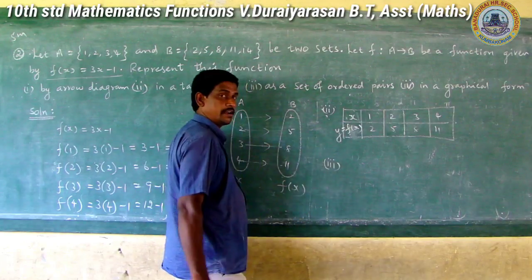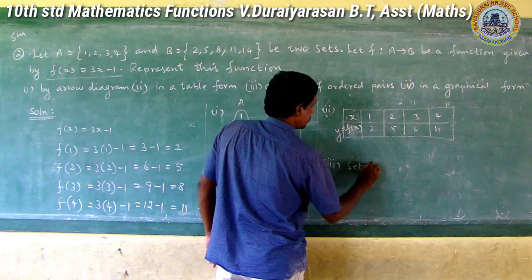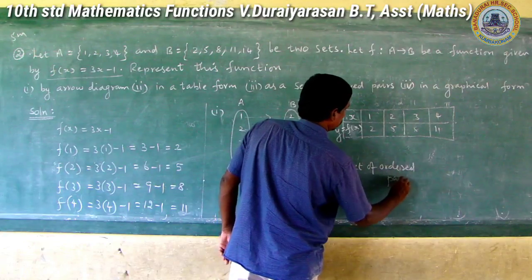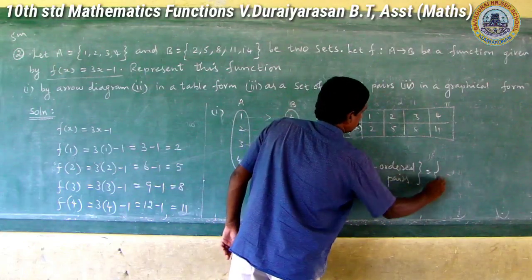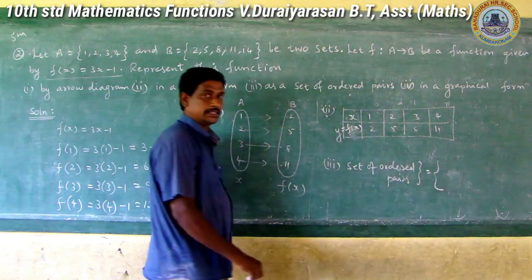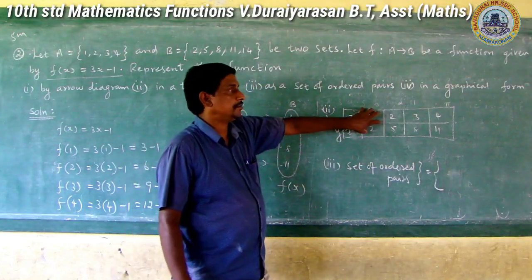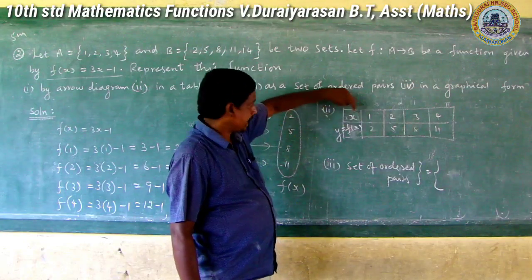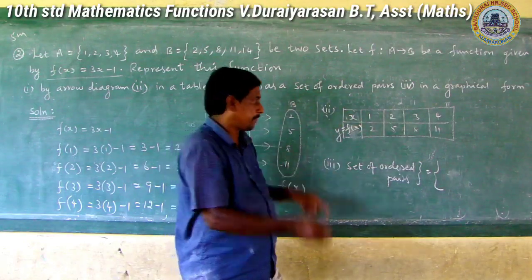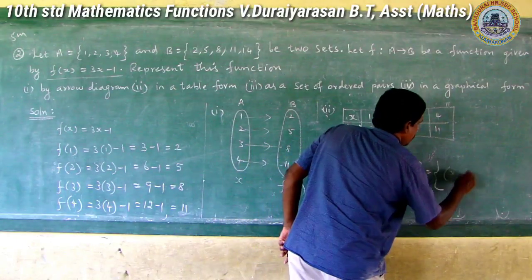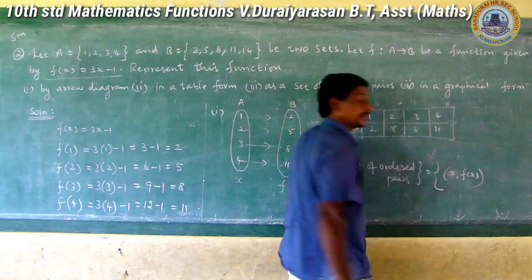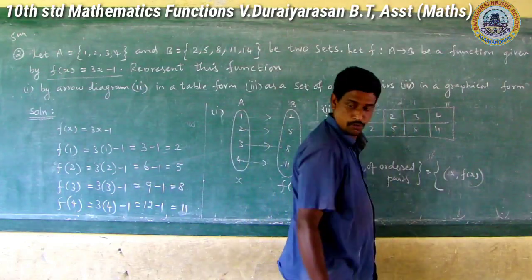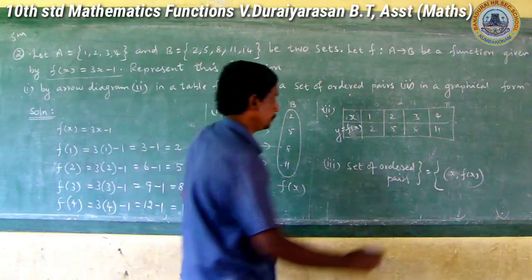Set of ordered pairs. Convert the tabular form to point form: x, f of x is a point form. 1, 2, the first pair.